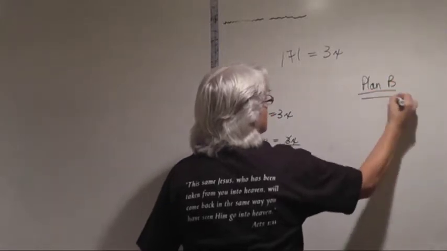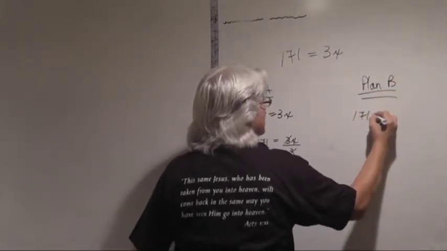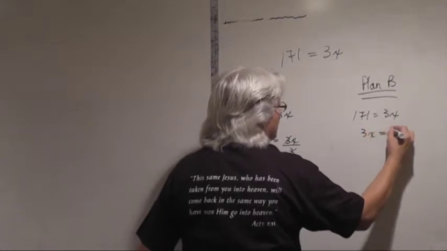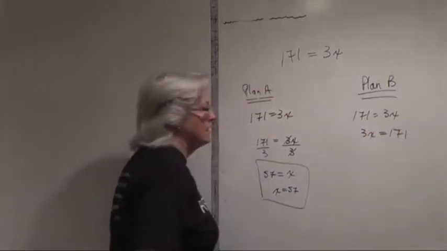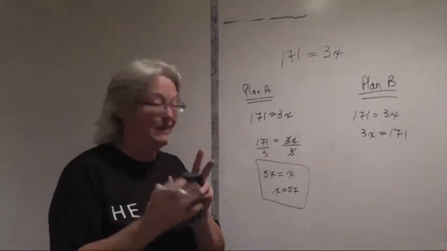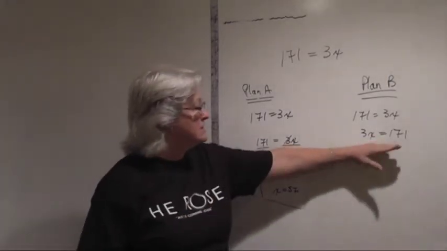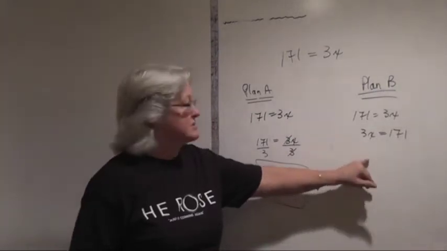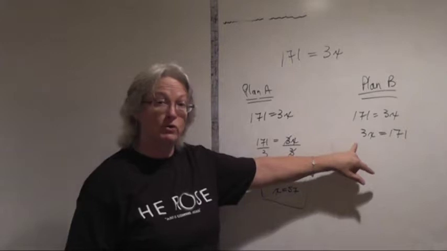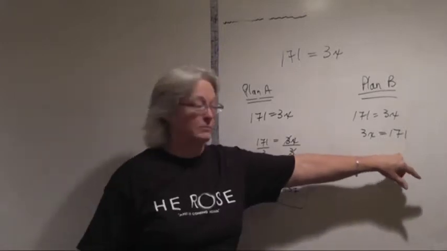Plan B. You've started with 171 is equal to 3x, but you can just go ahead and rewrite that as 3x is equal to 171. If it makes your mind happier to see it written like this, then you're following the same process. What's been done to the variable? It's been multiplied by 3.